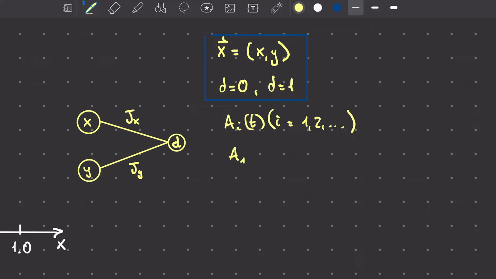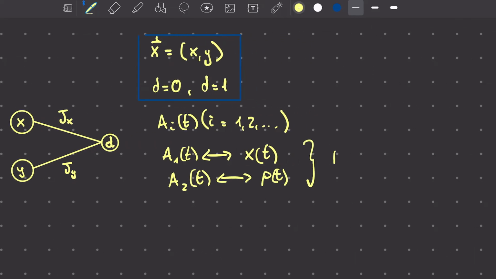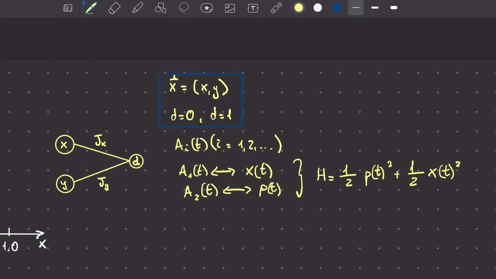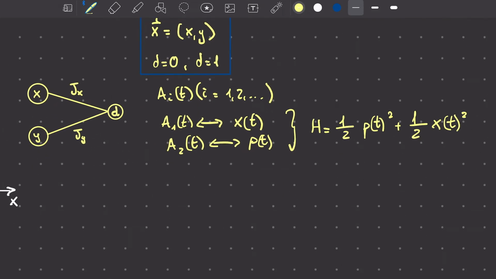So if we substitute a1 for the spatial coordinate, and a2 for the momentum, then the Hamiltonian in this case is gonna be this well-known formula: a half of the momentum squared plus a half of the position squared as well. This is a quick example of what a Hamiltonian is.